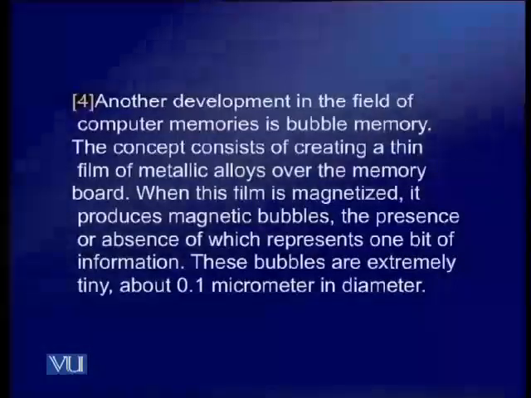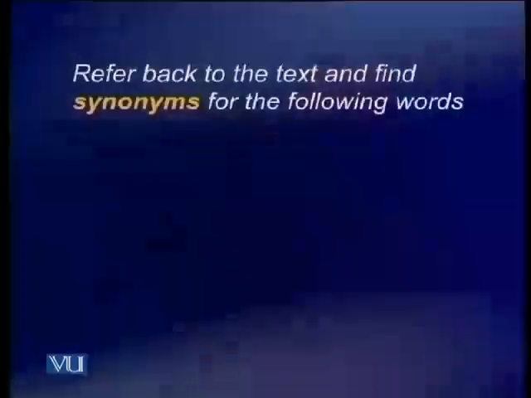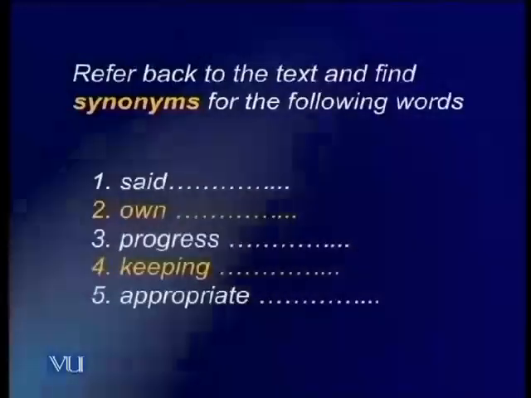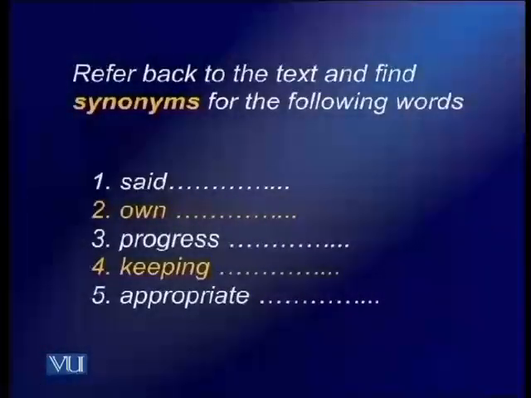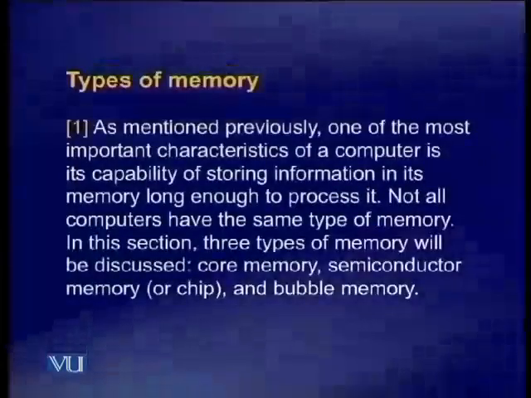Now, exercise 5. And this is a vocabulary exercise. First you have to look for synonyms and then you will look for antonyms. Synonyms, words that are similar in meaning. Now, go back to the text again and look in the first paragraph for a word which means the same as said.